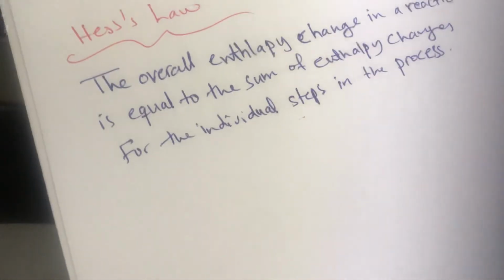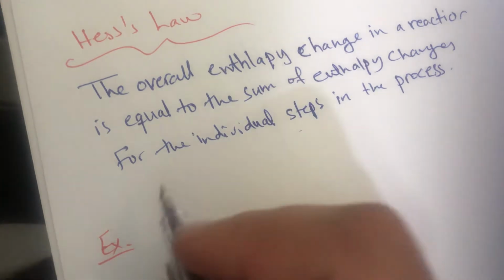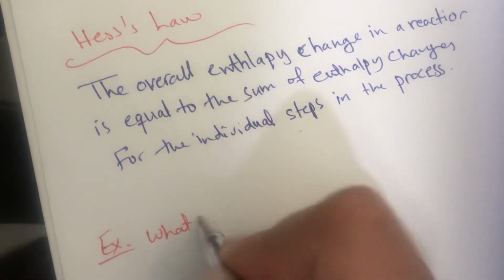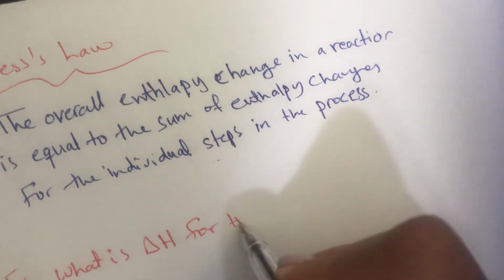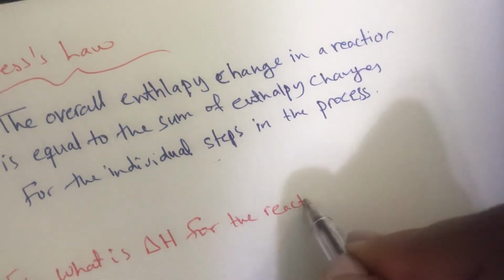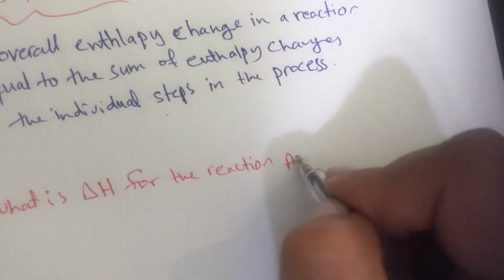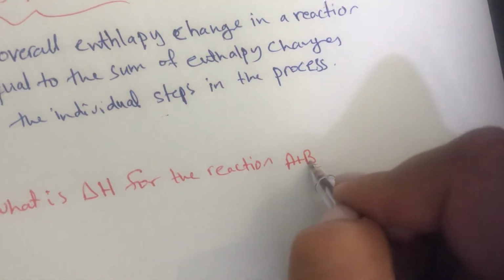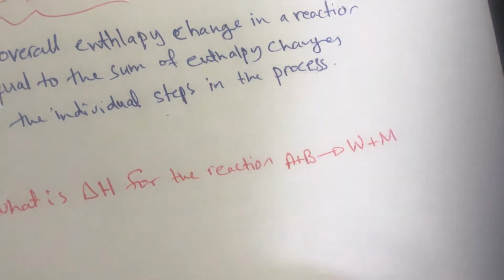For example, what is delta H for the reaction A plus B to produce W plus M?